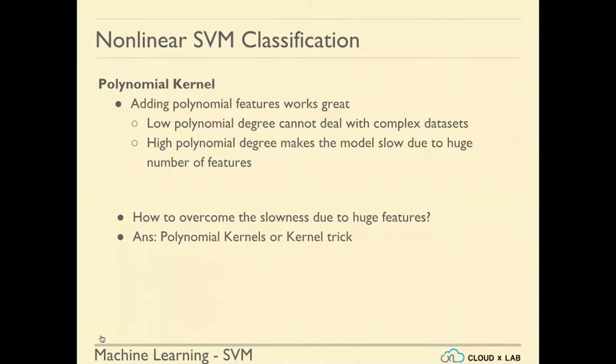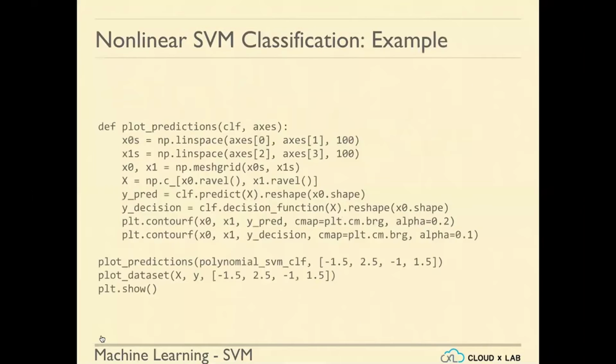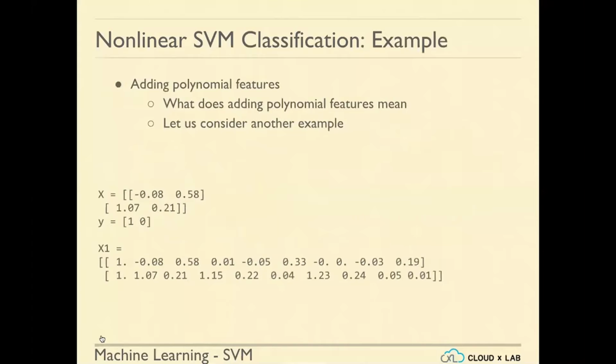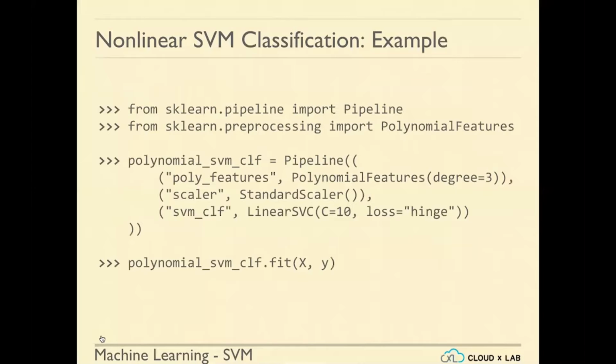High polynomial degrees make the model slow due to huge number of features, as in when we are having like 10 or 20. If you see here, we had an example and discussion somewhere. So if you have two features already and you say polynomial degree of 50, it becomes 50 C2, I think.